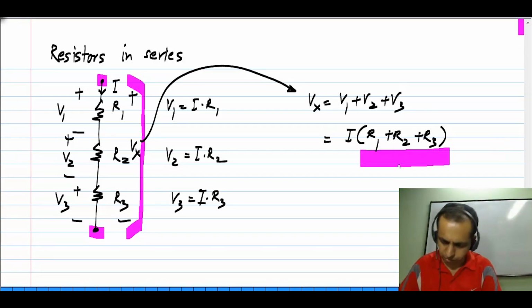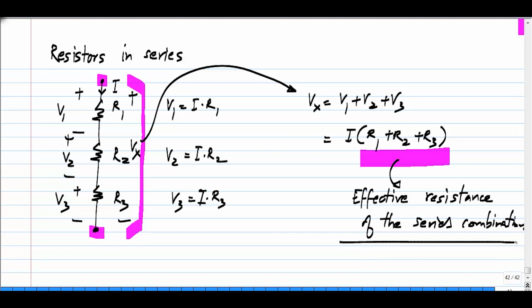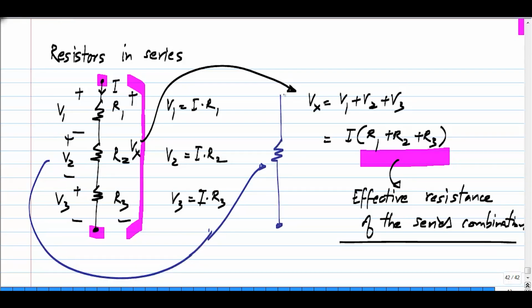So that is the effective resistance of the series combination. So what does it mean? It means that this entire combination is equivalent to, between the two ends, a single resistor.